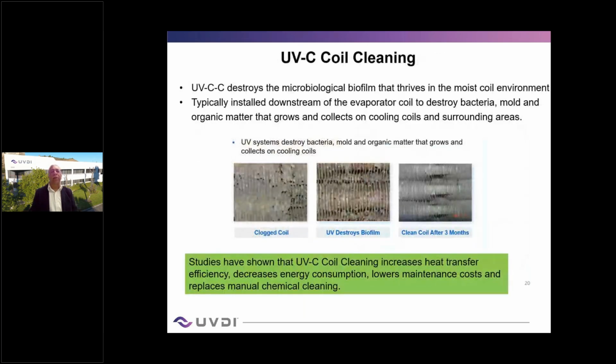And then over a period of time, depending on how much UV you've installed and how dirty your coil is, it gradually breaks into the fins of the coil, even if the coils are 6, 8, 12 inches deep, and over a period of time, it can make your coil pristine clean and make it work to its design efficiency.